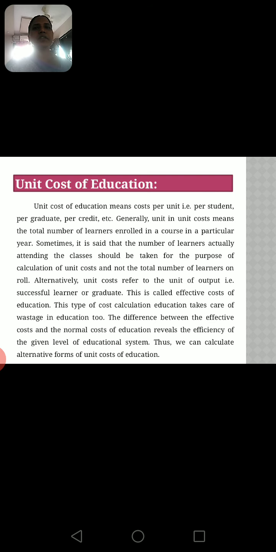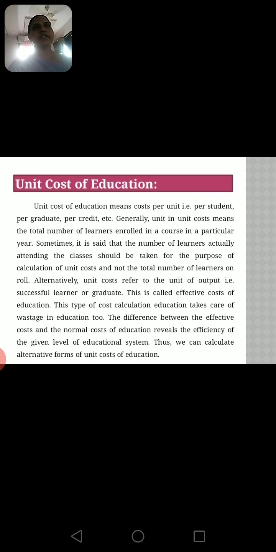Sometimes it is said that the number of learners actively attending the classes should be taken for the purpose of calculation of the unit cost and not the total number of learners enrolled.